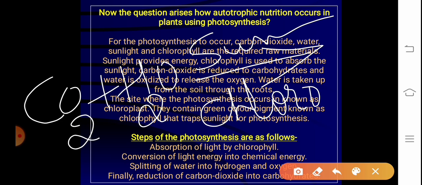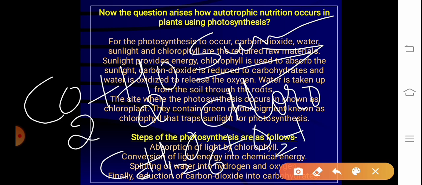When all these things are received by a plant, what happens? It starts to prepare its own food. As a result, what are the products formed? The products formed are glucose, that is C6H12O6. Along with the glucose, oxygen and water are also released as a byproduct.